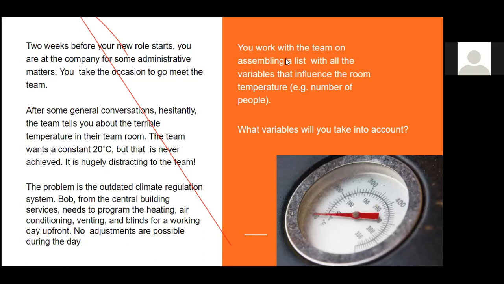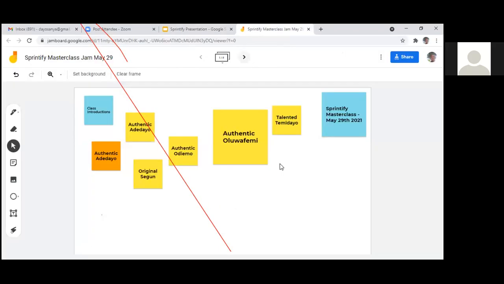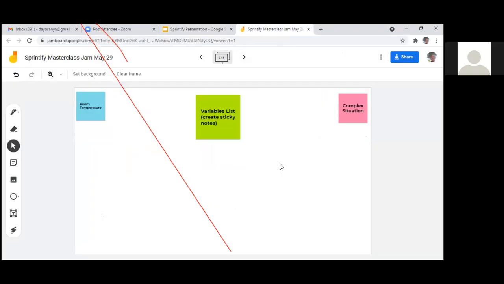So we can go to the Google Jamboard again, and then I want us to begin to place those variables, looking at the room temperature. Why is the room becoming so distracting? Can we list some variables? So guys, I want to see you on the Google Jamboard again.